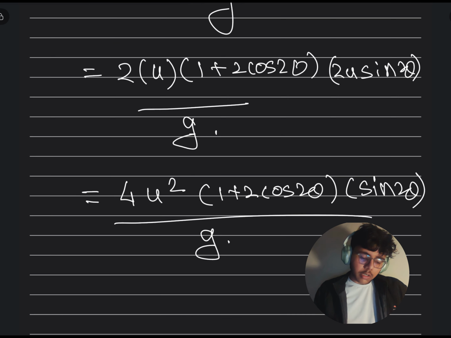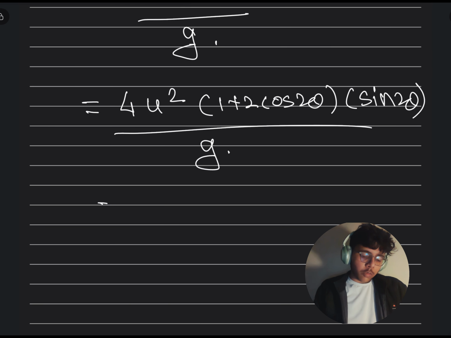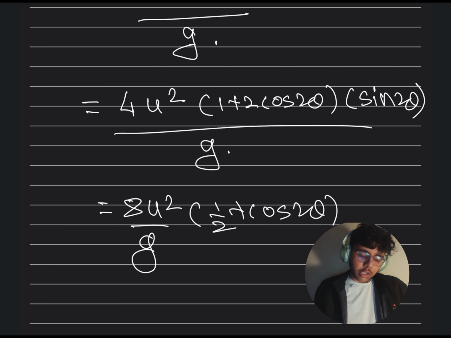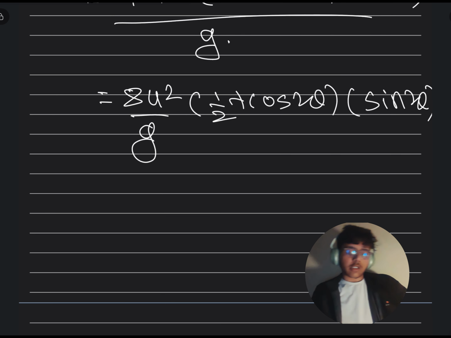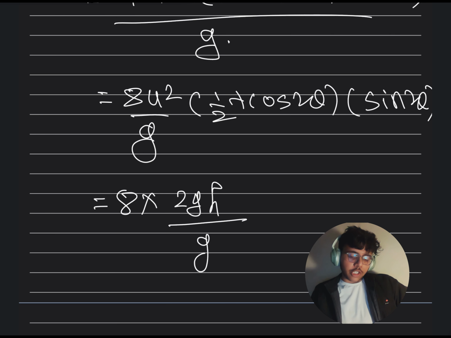by g. Let's take 2 common from here, so it will become 8u square upon g, 1 by 2 plus cos 2 theta, and here it is sin 2 theta. Putting the value of theta as 30 degree, and u square as 2gh, 8 into 2gh divided by g multiplied by 1 by 2 plus cos 2 theta.